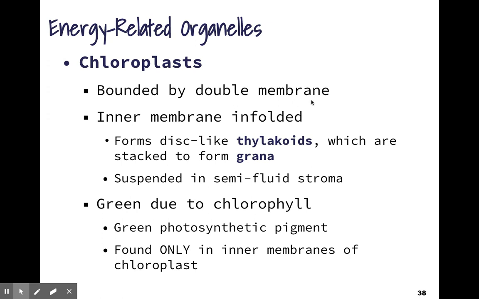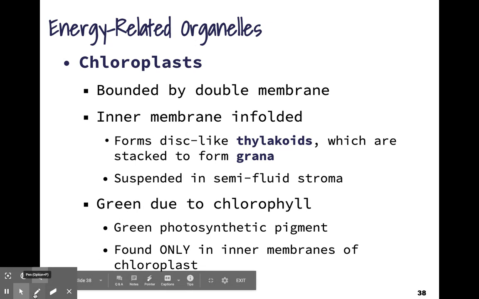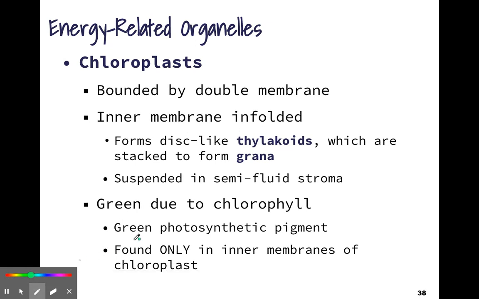So double membrane. It also has an inner membrane enfolded. It forms these disc-like thylakoids, which form stacks called grana, okay? It's suspended in a semi-fluid called stroma. So stroma is the fluid found inside of the chloroplast.